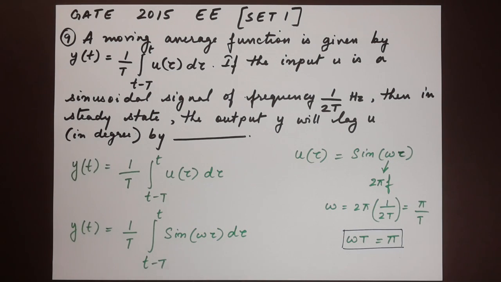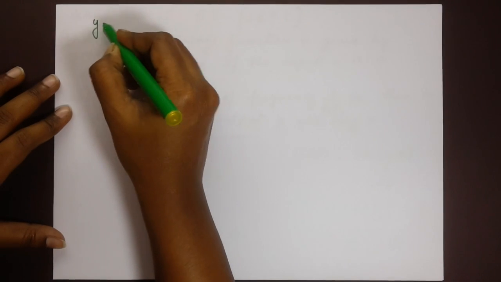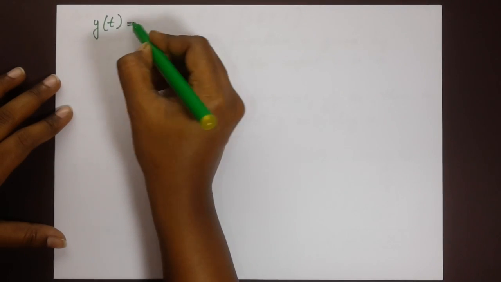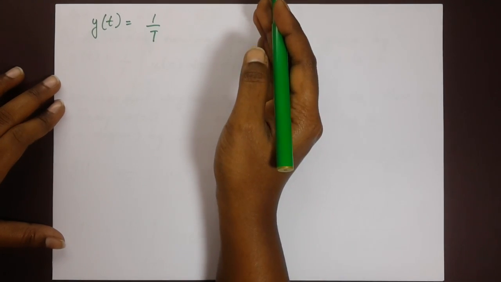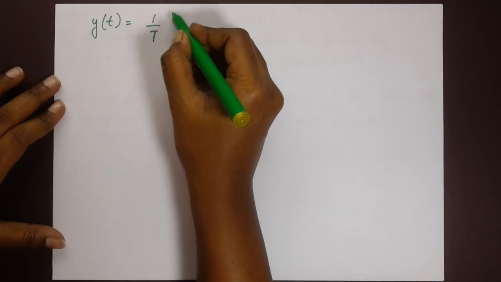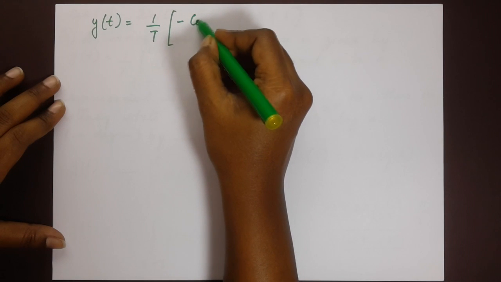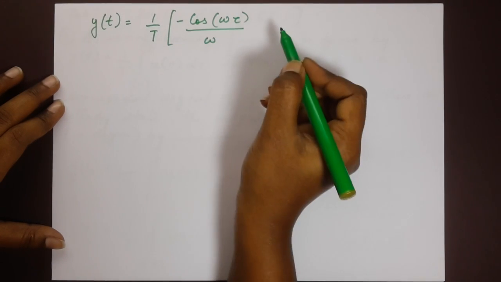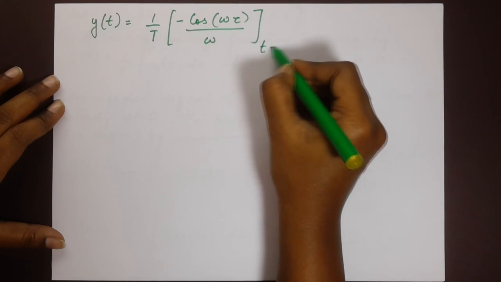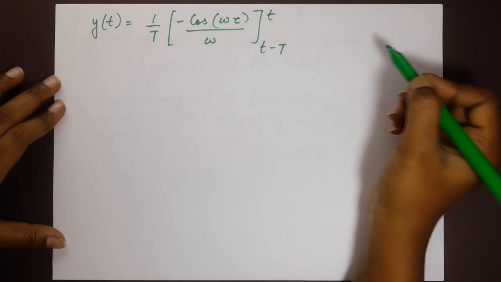We are going to integrate this. So it's integral of sine omega tau, which would give us minus cos omega tau divided by omega from t minus T to t.